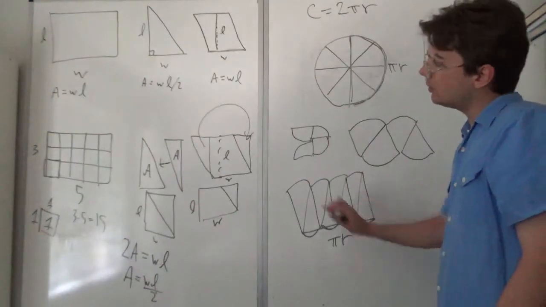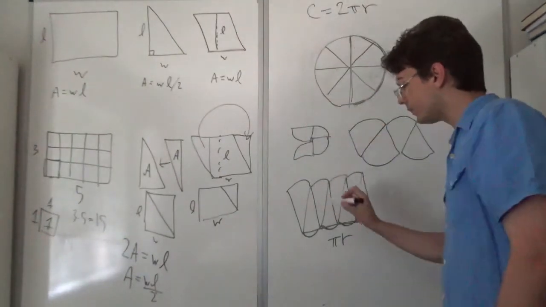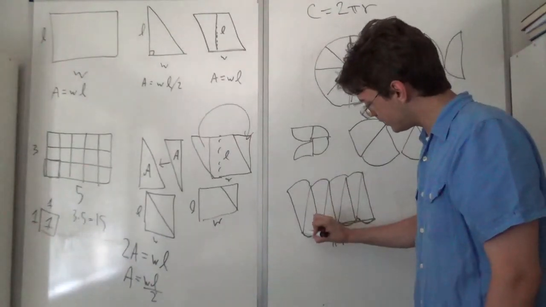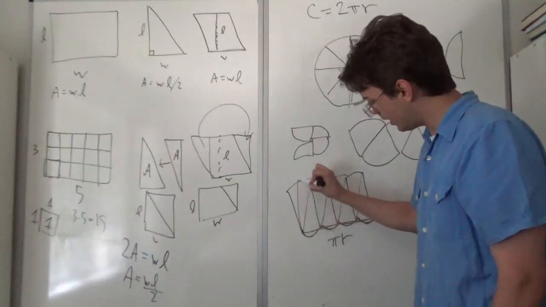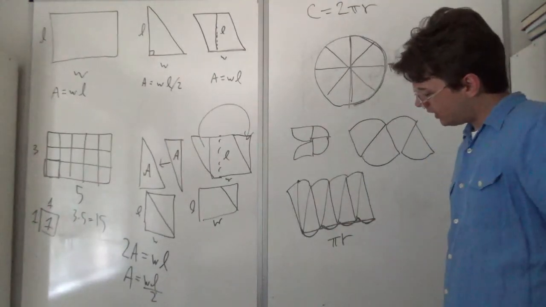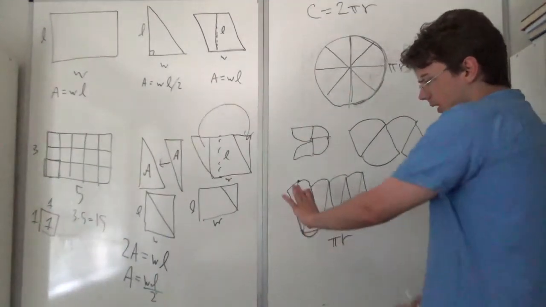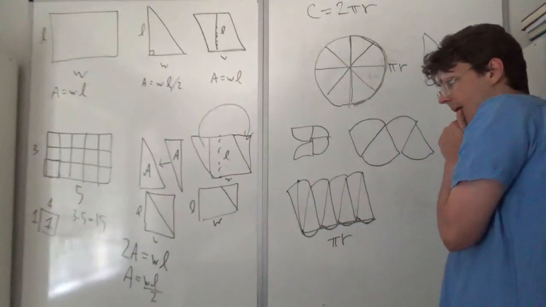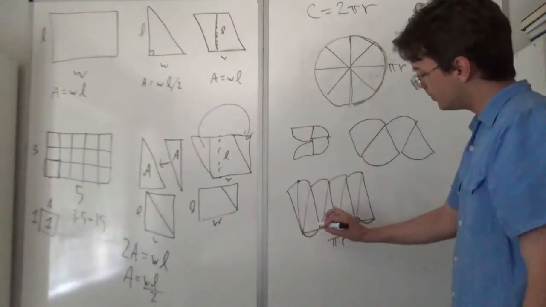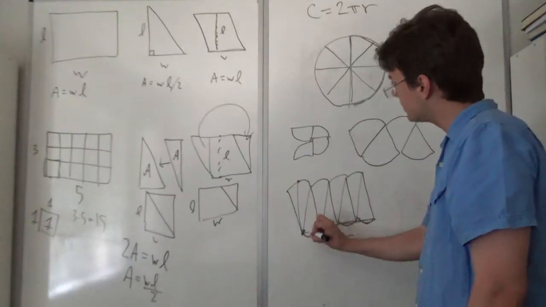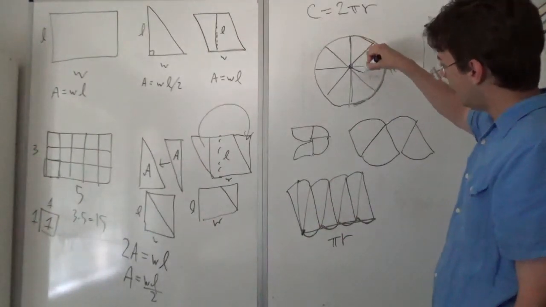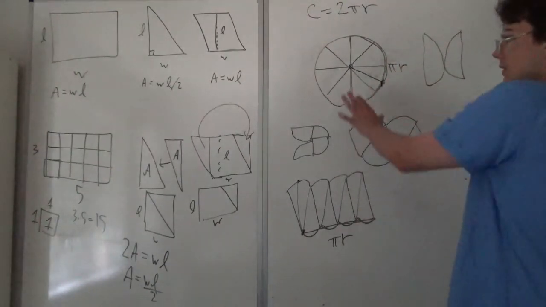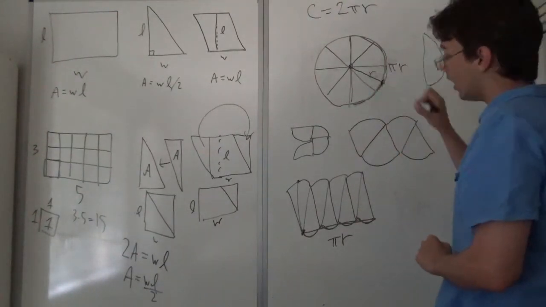And then, okay, so I've got the width part of this. What about the length? Let's see. Well, the length, I guess if I start off right here and I go out like that, then that'll roughly be the length of this trapezoid. What is this right here? Well, this comes from the center here, and then it goes out all the way to the circumference. The distance there is r.